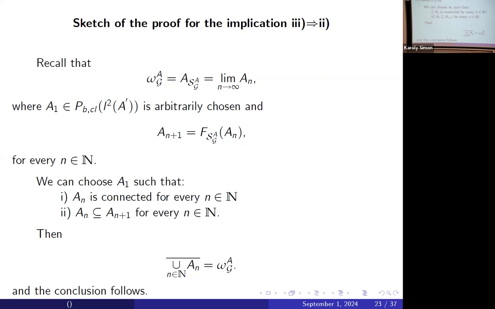Then the limit of AN is the closure of the union of AN, and therefore this set is connected, and omega AG will be connected. But here it is not so easy to choose A1 with these two properties.